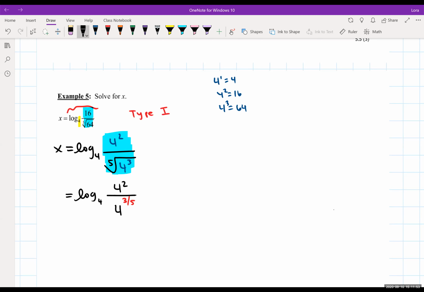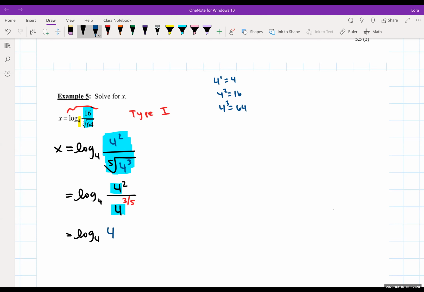So then I can simplify my argument a bit by noticing that I am dividing with the same bases. 4 squared over 4 to the 3/5. And whenever you divide with the same bases, you keep the bases and you subtract the exponents.